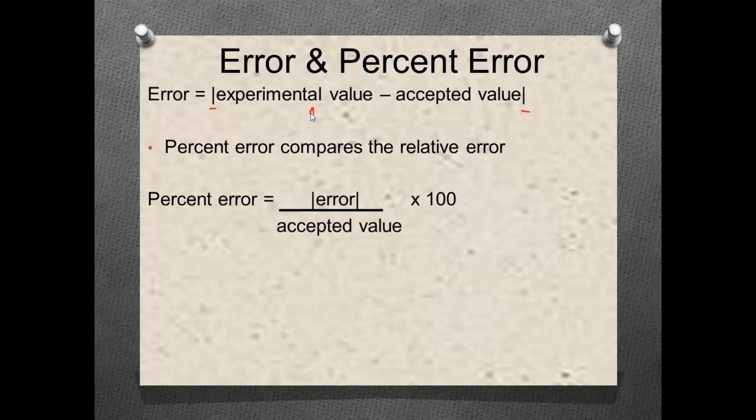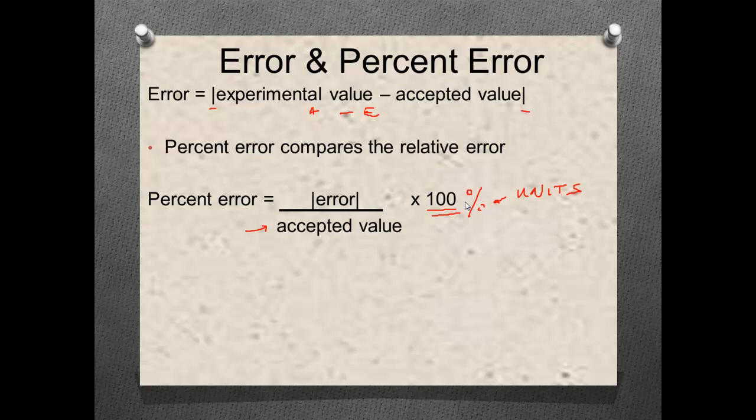So it doesn't matter if I do accepted value minus experimental value, because even if I get a negative number, it's going to be positive with those absolute value signs. When we do the percent error, we take that error and we divide it by what we should have gotten, and then we multiply it by 100. Now, on your notes it has the percent, and that's okay. The percent is the units. One mistake I've seen people make is they take that 100% and change it to a decimal, which is a 1. Don't do that. Really multiply your value by 100.